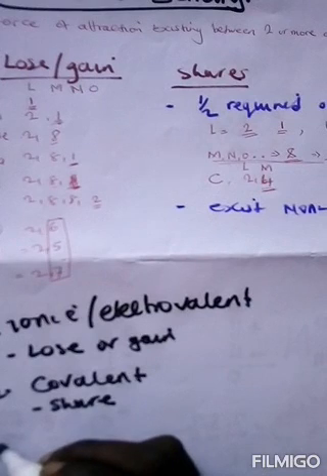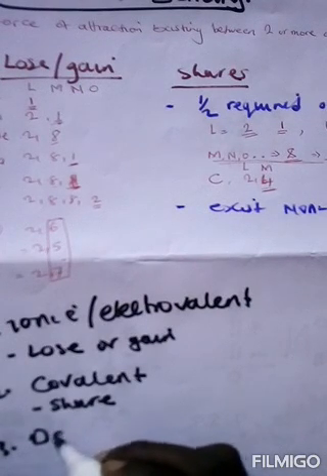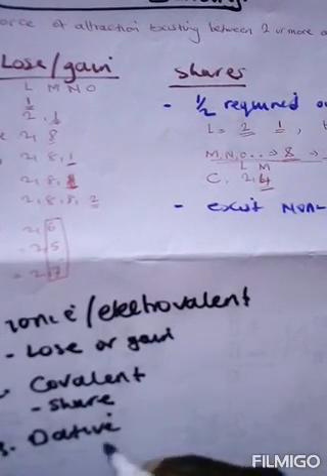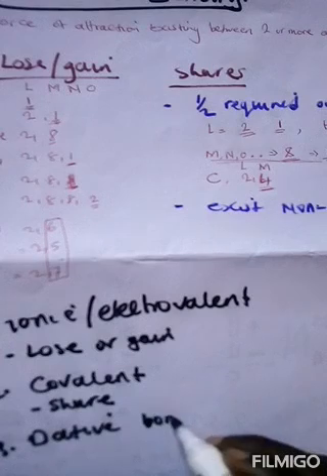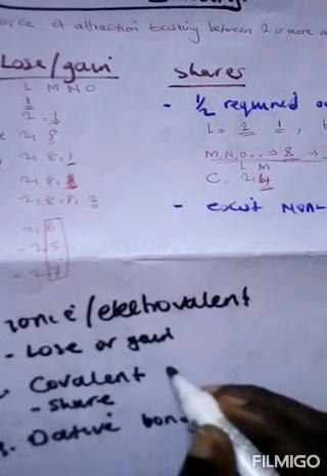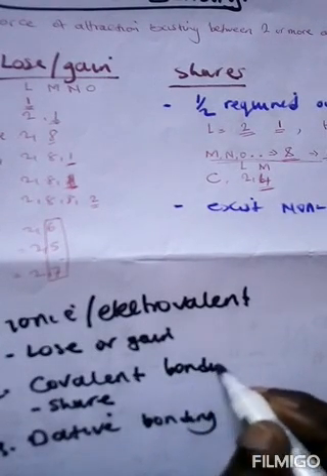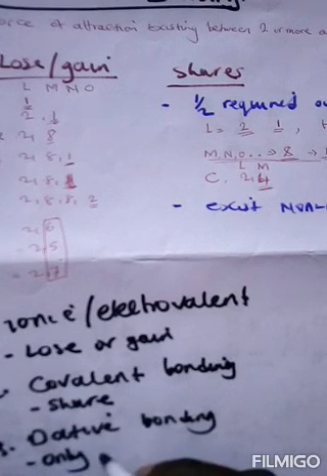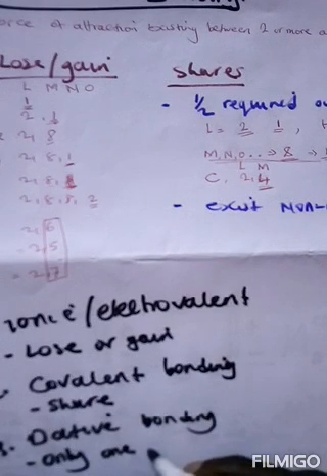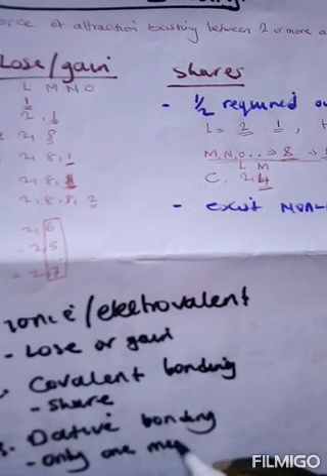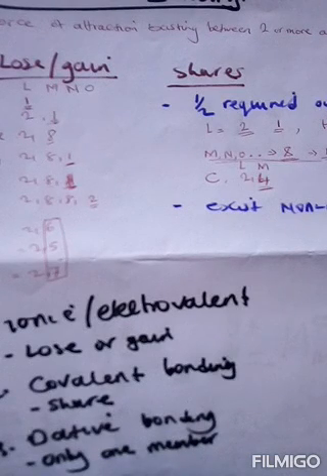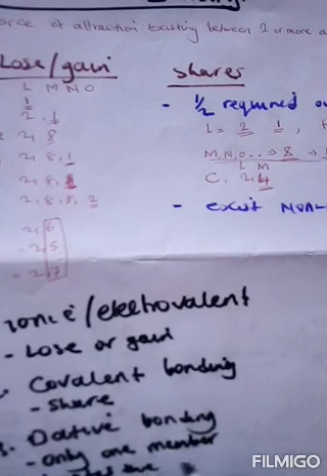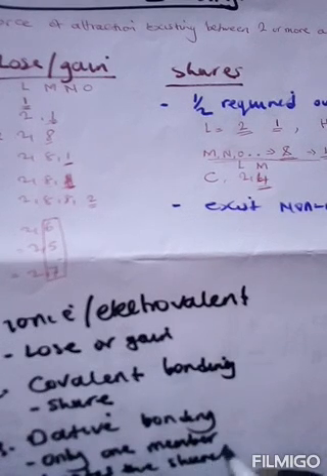The last type of bonding is called dative bonding. So dative bonding is formed when only one member donates the shared electrons.